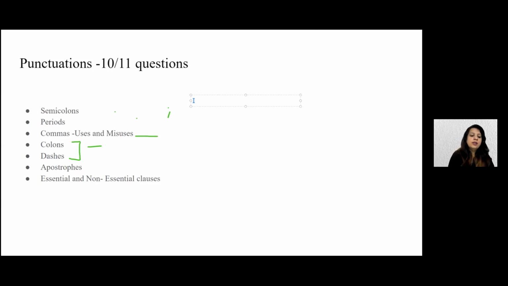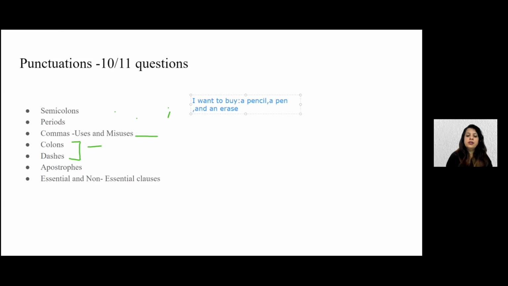Now, if I want to say, I want to buy, this is how we were taught at school. This is how the list is supposed to be written. I want to buy, let's say, a pencil, a pen, and probably an eraser.